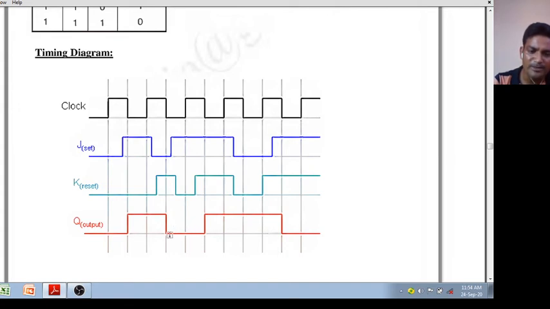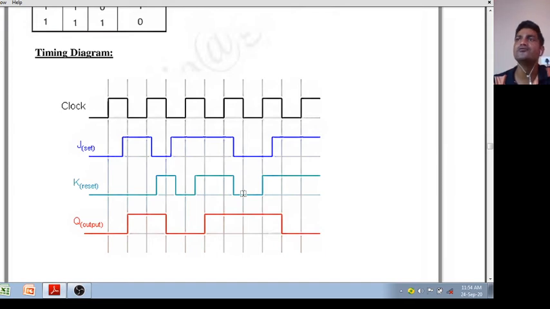So the complement of this is 1. So from here to here it will be 1. Okay, all right, just analyze this waveform. If you face any problem, you can contact me. Now again check here at this negative edge. What is the value of j? It is 0. What is the value of k? It is 0. 0 0 means no change.